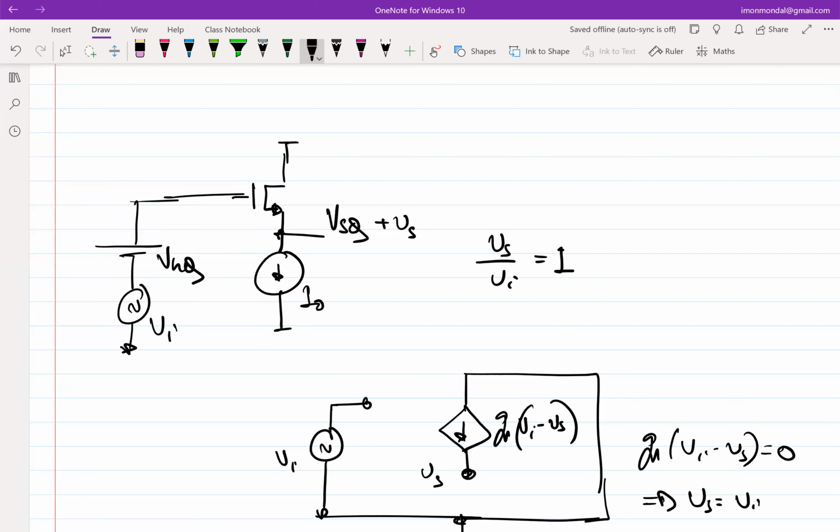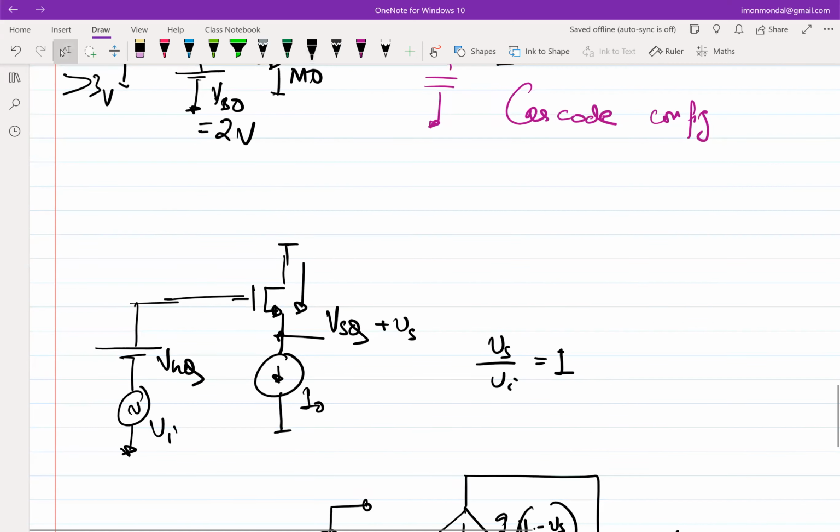In this case, if the gate changes, will there be an incremental current through the transistor? Essentially, what I'm saying is, can there be a delta I? What is delta I?